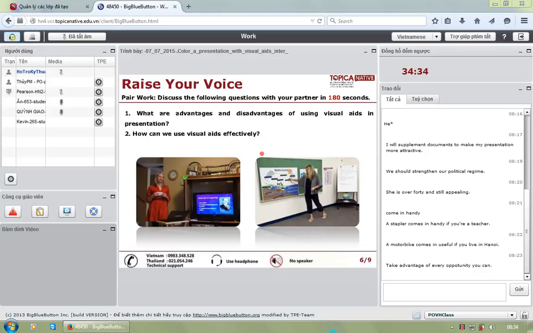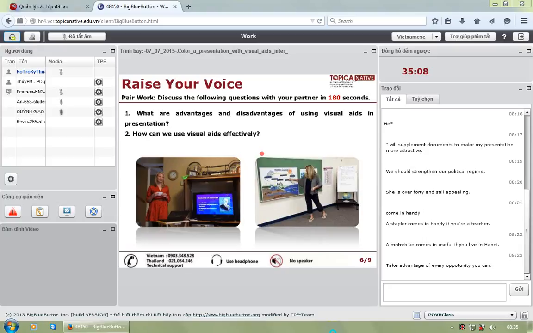So I don't know if it's right or wrong, because for a long time I haven't used visual aids at my company, because I changed this duty to my colleagues. I just write and make a document, and they use visual aids in the conference.